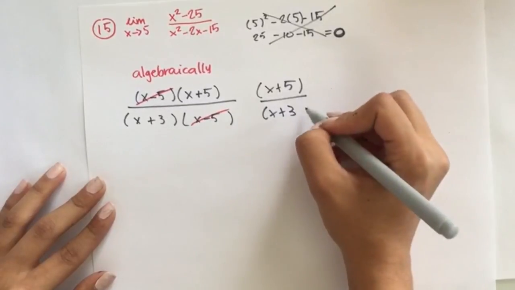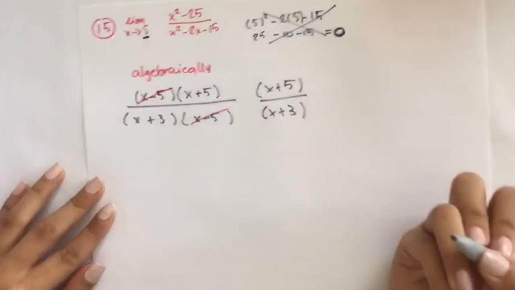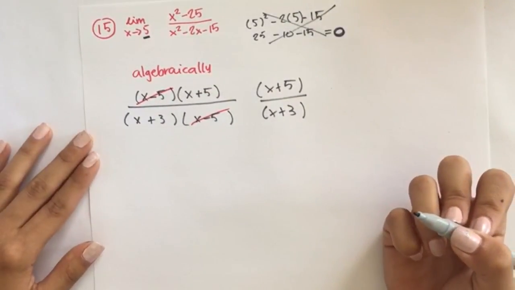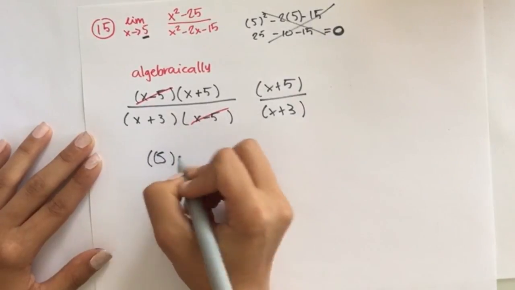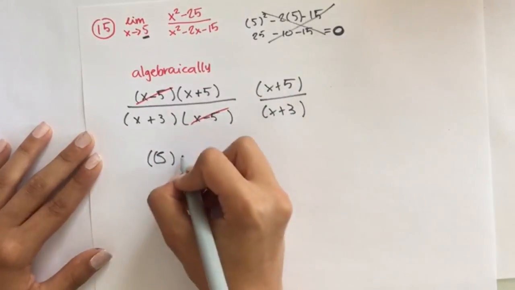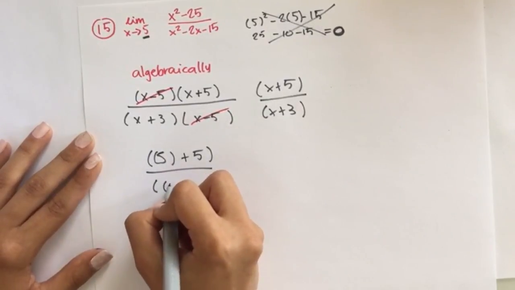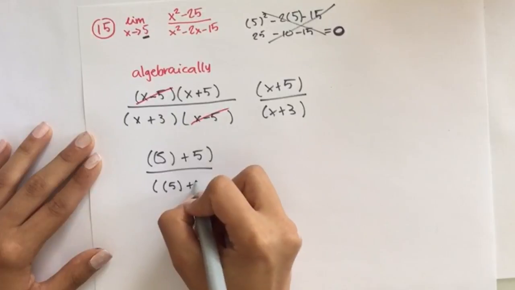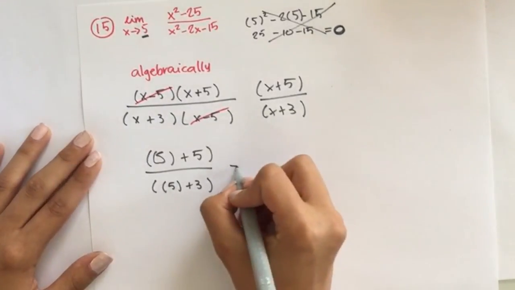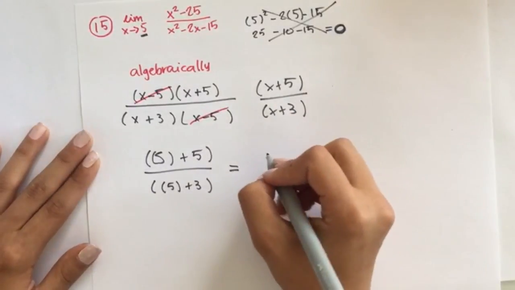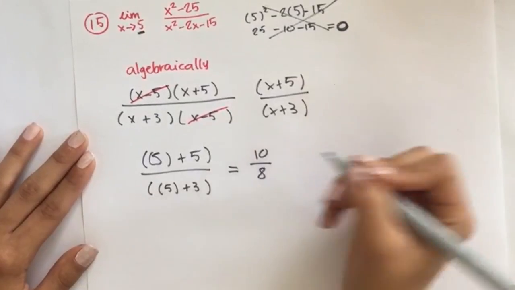And now that we have this expression, we can substitute the 5. So we do 5, which is the limit, plus 5 over 5 plus 3, and this gives us 10 over 8.